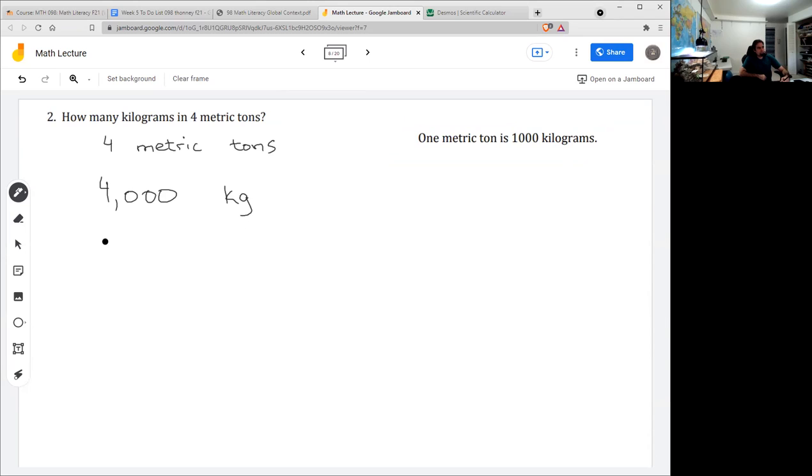You could also write it as 4,000 kilograms, if you liked that better than zeros. These are still almost absurdly trivial, but the philosophy is what we're building on right now. I can take something and replace it with something that means the same thing.